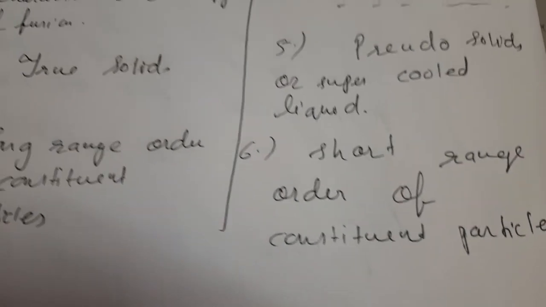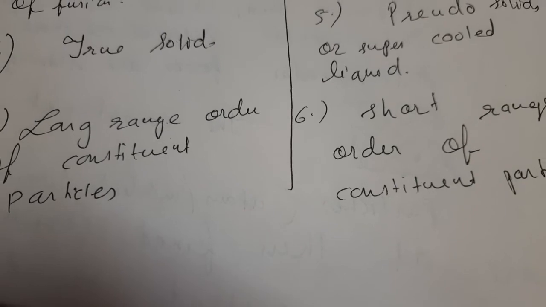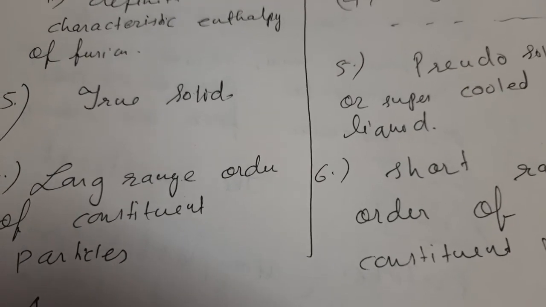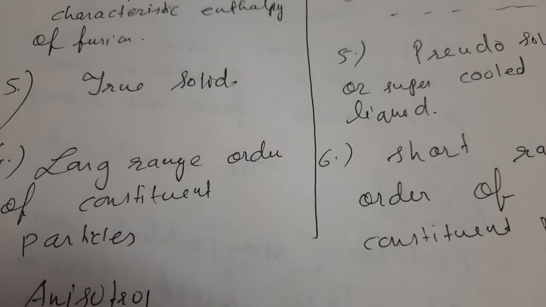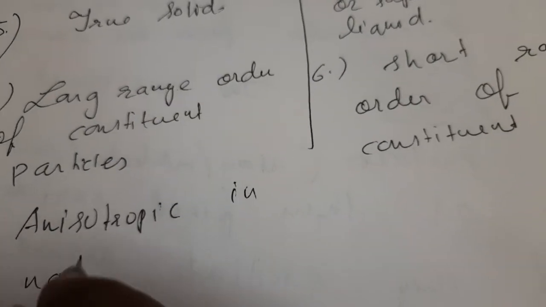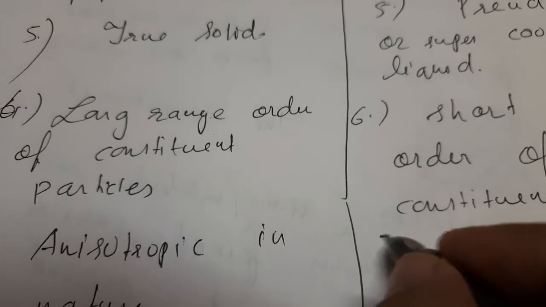Okay. One more characteristic is there in which they both differ, that is anisotropy. So they are anisotropic in nature, and they are isotropic in nature.